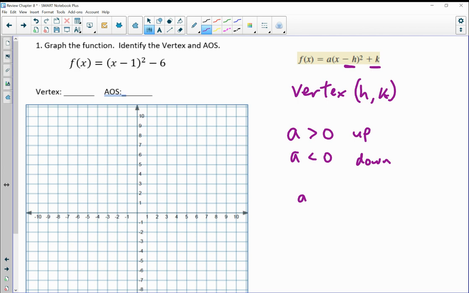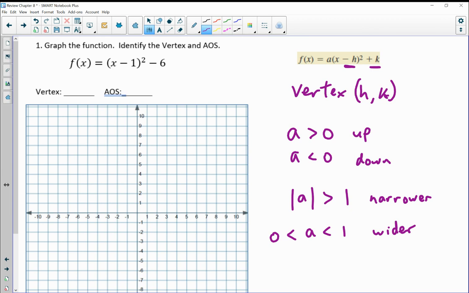So for narrow, if we have the absolute value of a greater than 1, this will end up becoming a narrower parabola. And if a is between 0 and 1, as a fraction, it would be wider.